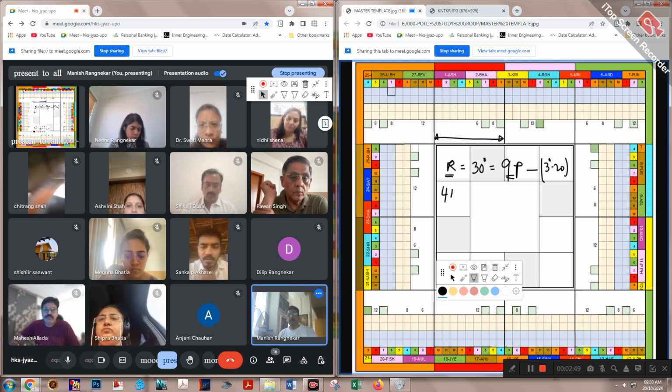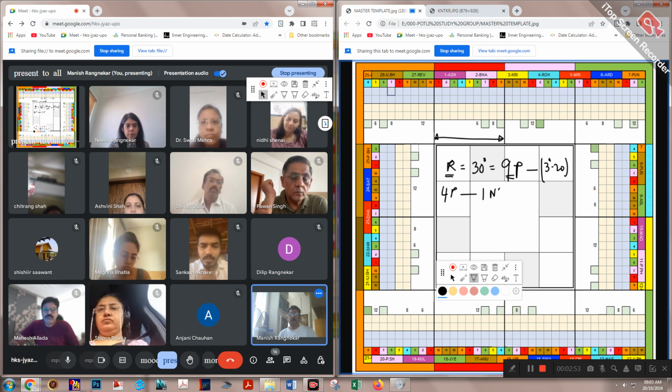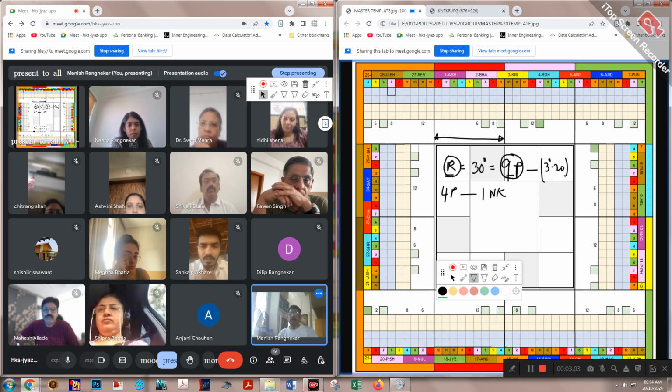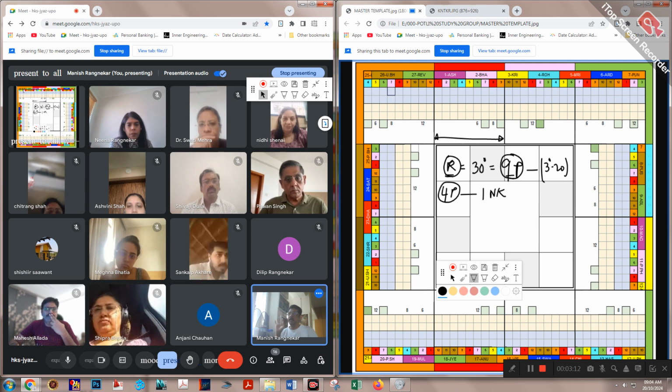4 padas make one nakshatra. Since each Rashi has 9 padas and each nakshatra has 4 padas, there will obviously be 3 nakshatras of some proportion in a Rashi.